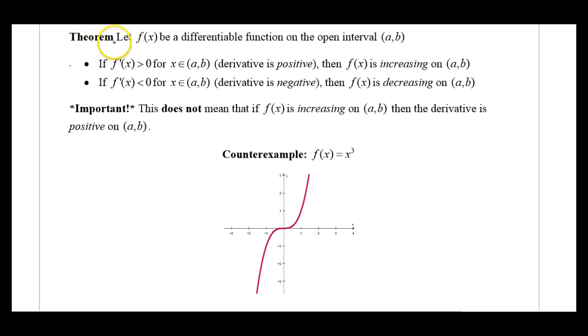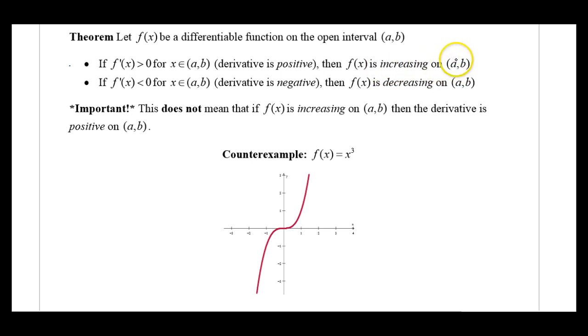So this theorem tells us that if we have a differentiable function f of x on the open interval from a to b, if the derivative is always greater than 0 for all x in the interval from a to b, meaning the derivative is positive, then the original function f of x is increasing on a to b.